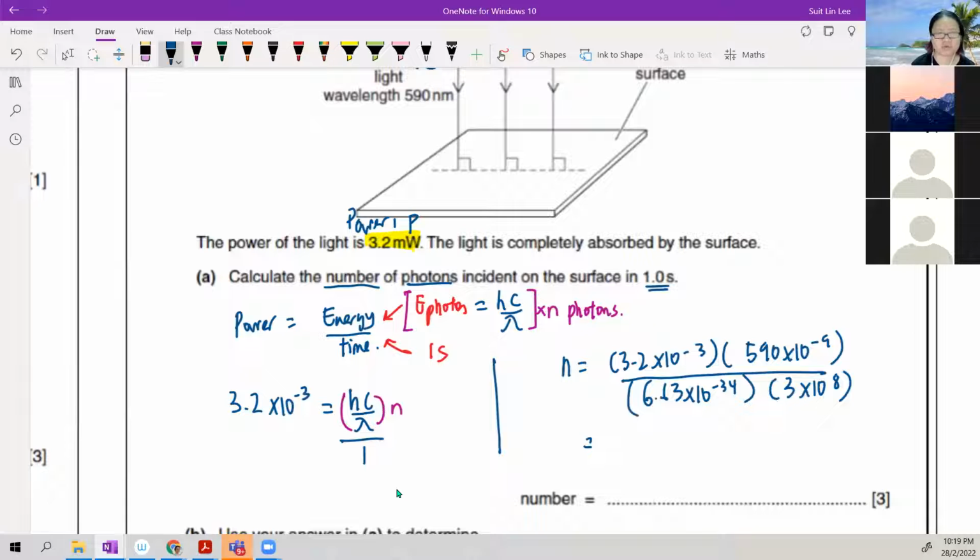So speed of light is always given to you. So I got 9.49 times 10 to the power of 15.